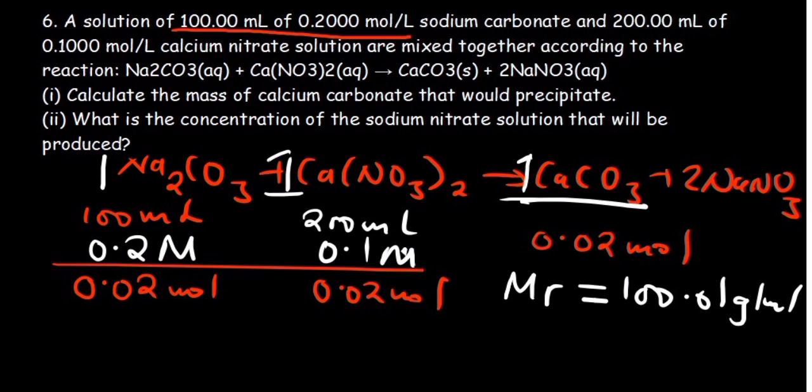Calcium is 40.078, then carbon is 12.0107, plus 3 oxygen atoms. So it's 100.07. That's what I'm getting, 100.07 as the molar mass of calcium carbonate.